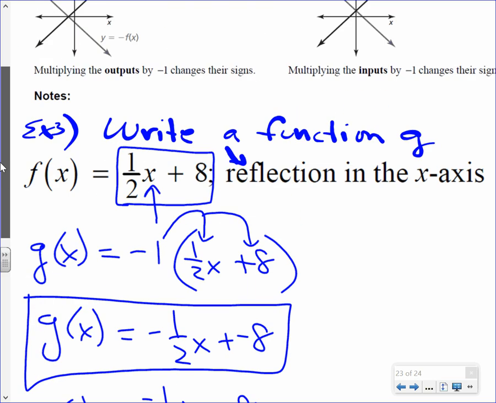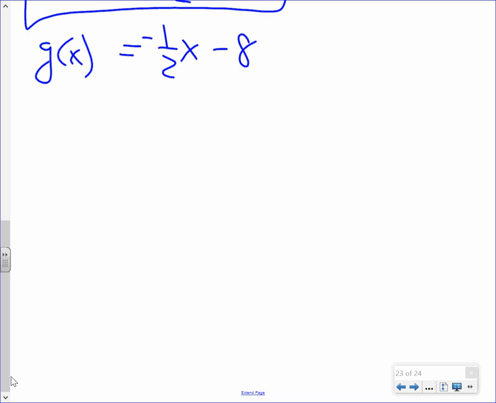Let's do a reflection on the y-axis. So number 4. Let me find an example here.